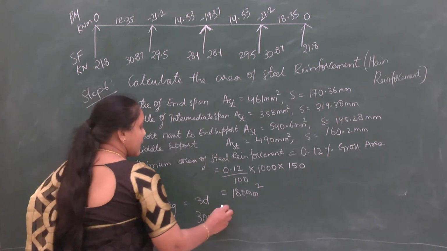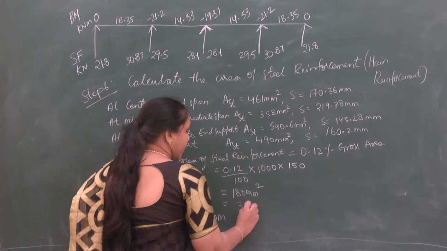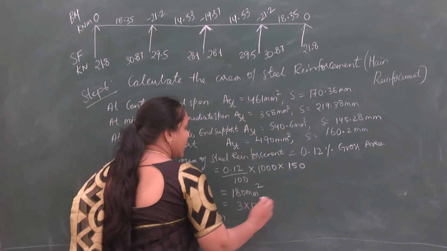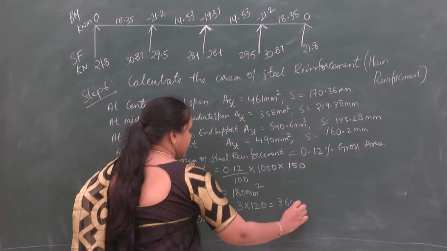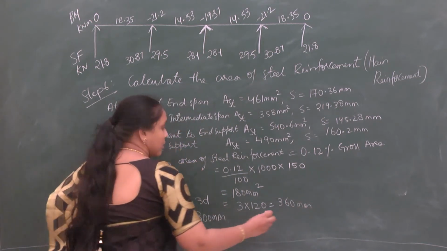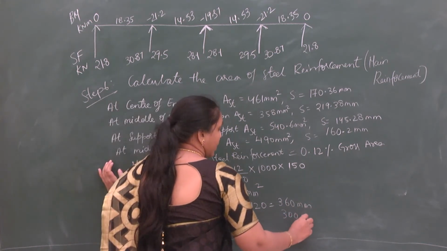So first let us calculate 3D. 3D is 3 into the effective depth. The effective depth is 120 mm, which gives 360 mm. And the other one is 300 mm.